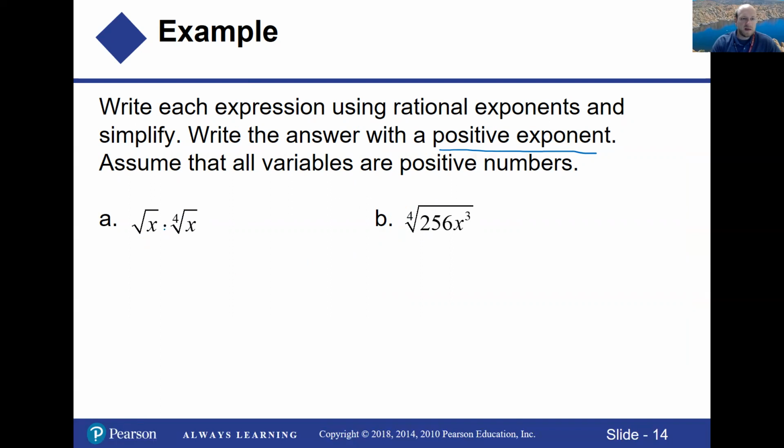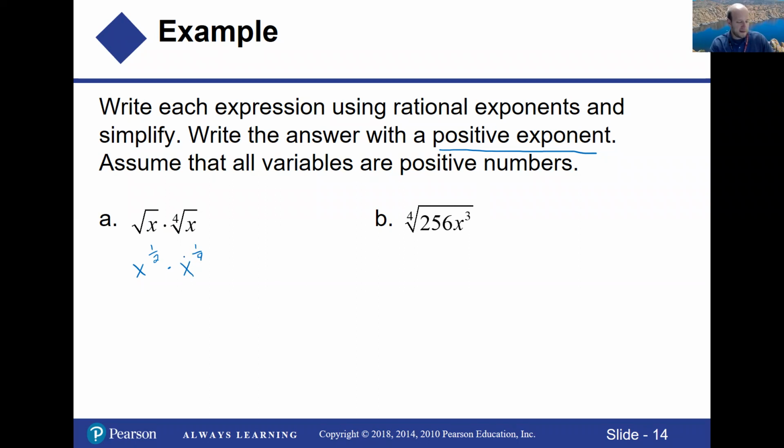So let's do some of these. If I have the square root of x times the fourth root of x, I can rewrite this as x to the 1/2, using one of our rules. And then this one would be x to the 1/4. You can look back at what rule that was.